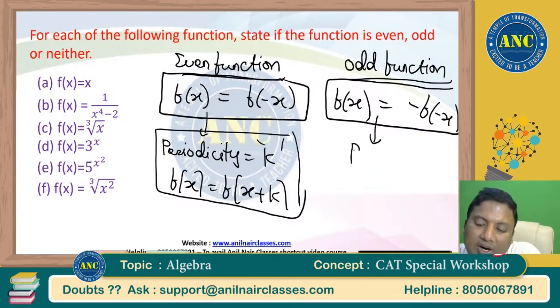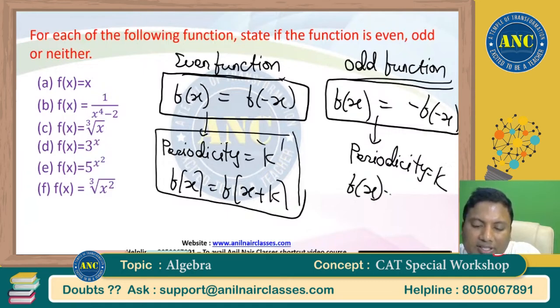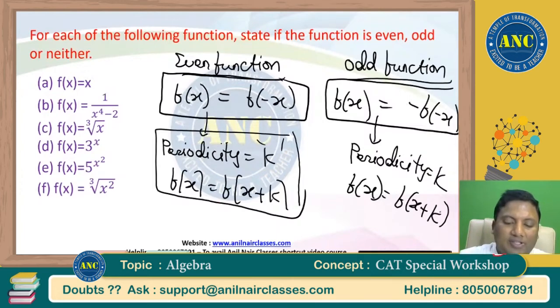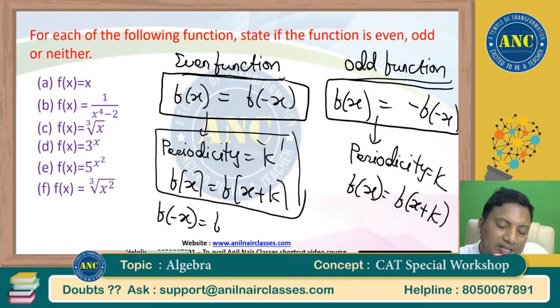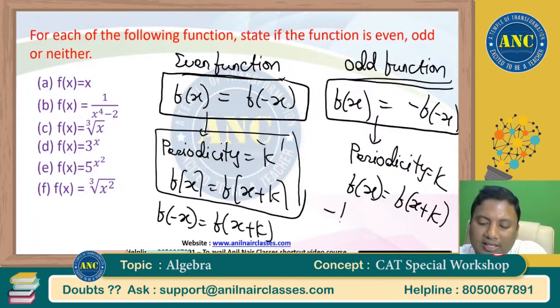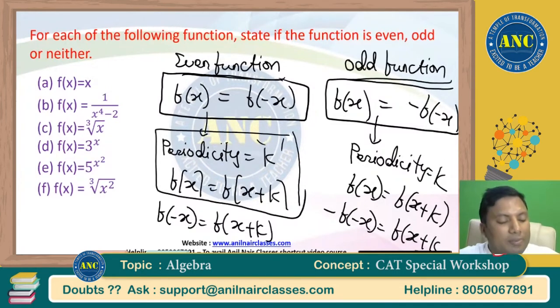Similarly, for an odd function with periodicity k, f of x plus k is equal to f of x. Here f of x is f of minus x for even, and for odd it is equal to minus f of minus x, and equal to f of x plus k. Please make a note of it.